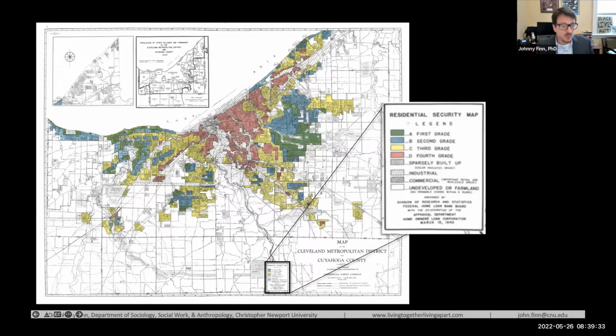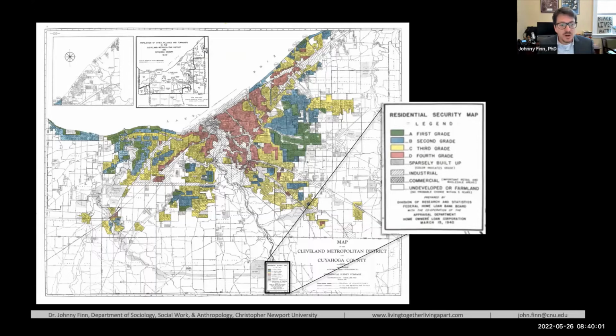The A grade neighborhoods were the most deserving of mortgage assistance. In blue were B grade neighborhoods. In yellow were the third grade neighborhoods, and red on the map, the D grade neighborhoods, the least qualified for mortgage assistance. They were often called hazardous neighborhoods, hazardous from the point of view of the federal government investing dollars.